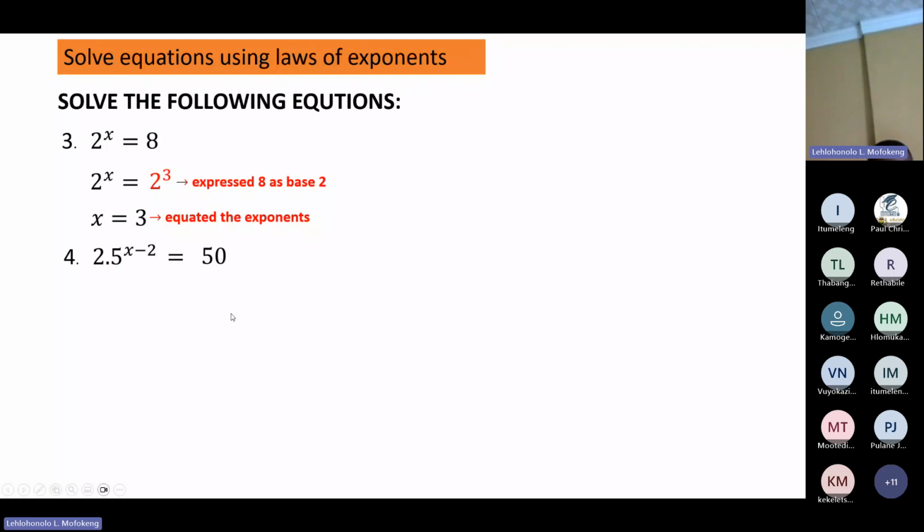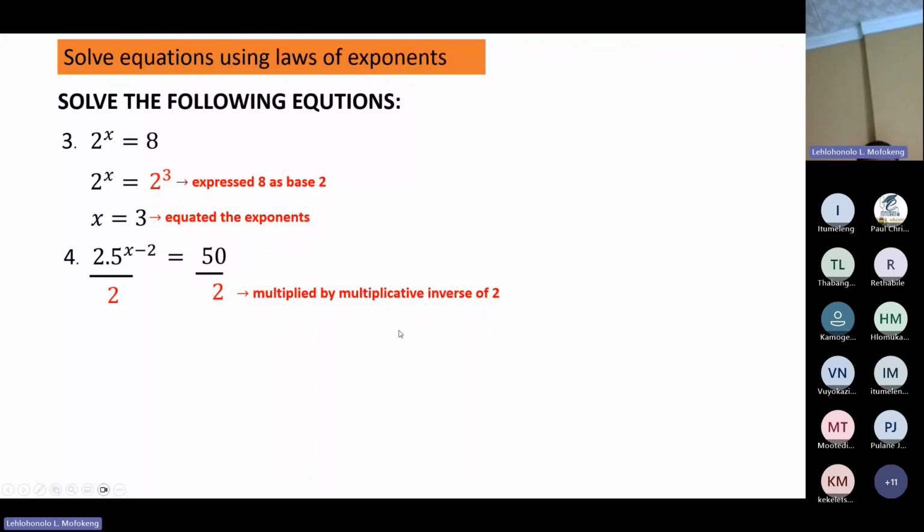So the least we can do is isolate 5 to exponent of x minus 2 by dividing throughout by 2. In fact, by multiplying throughout by half, where we apply the multiplicative inverse. Dividing by 2 is the same as multiplying by half.